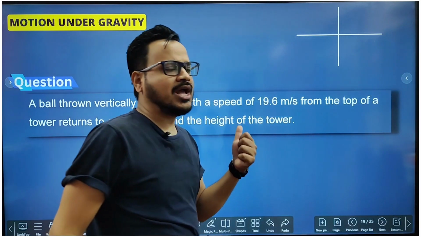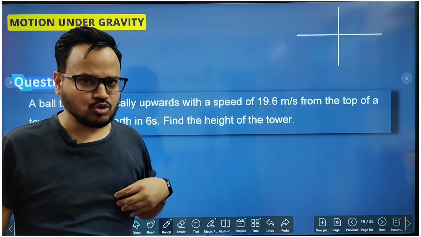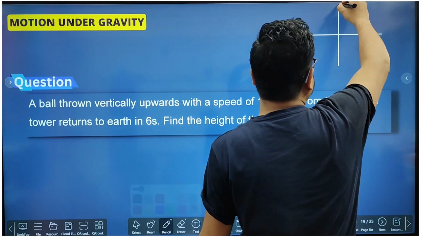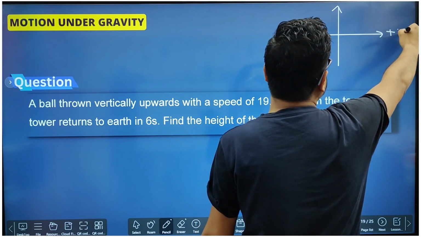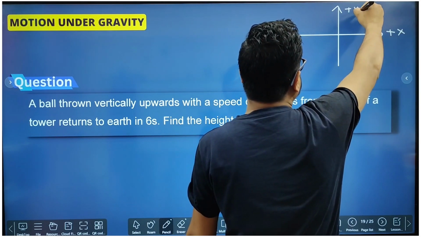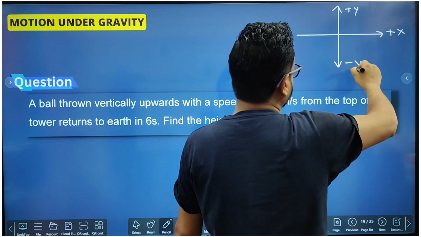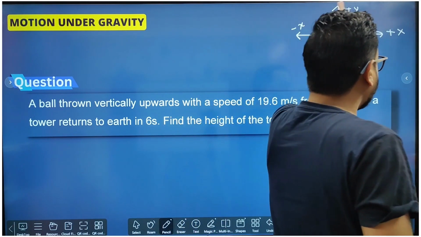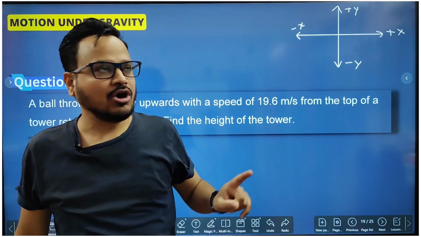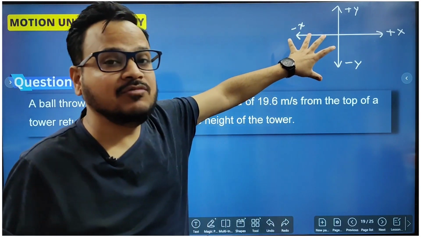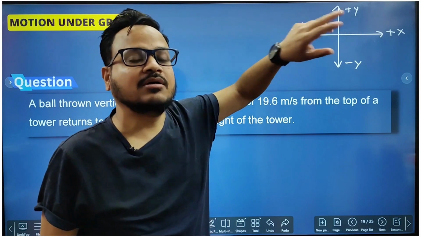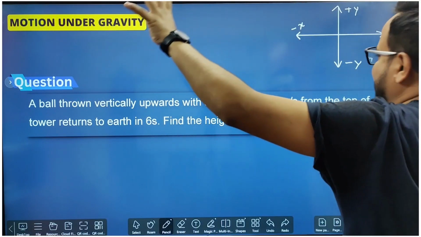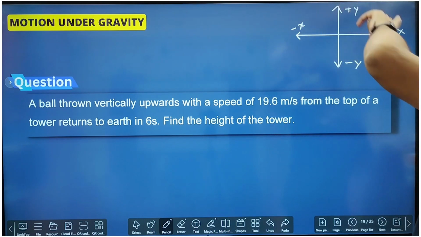How we are going to take the x and y axis is entirely up to us, but we always take the x and y axis in this manner: this is always positive x axis, we take this as positive y, we take this as negative y, and we take this as negative x, because this makes things easy. This is the manner in which we have studied this coordinate system for our whole lives. So we are going to take the signs in this manner only.